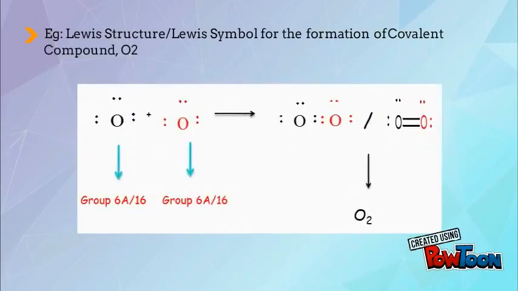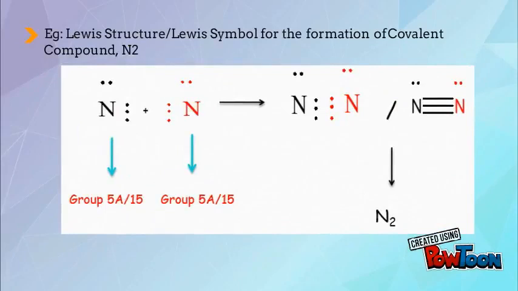Example: Lewis structure/Lewis symbol for the formation of covalent compound O2. Example: Lewis structure for the formation of covalent compound N2.